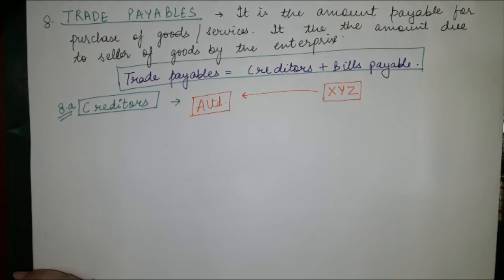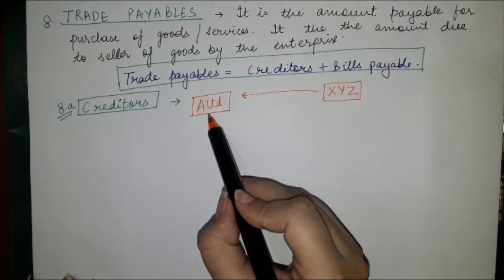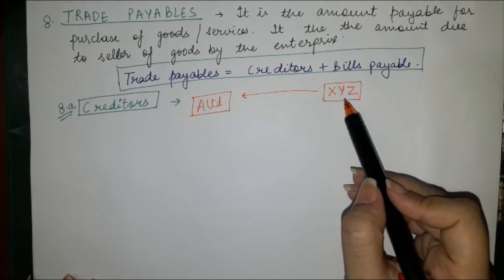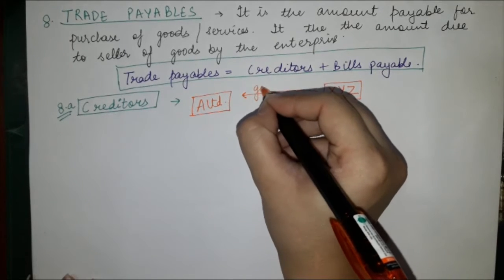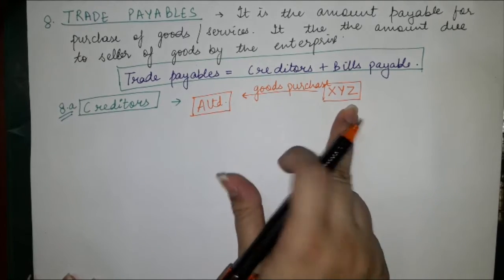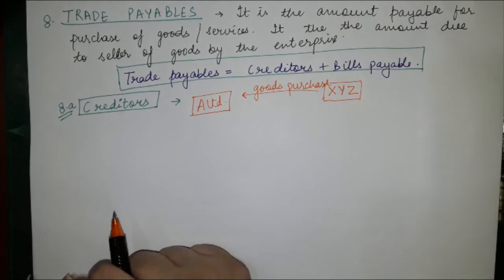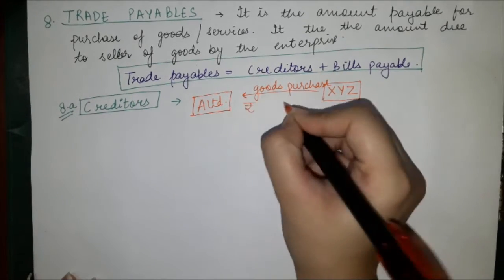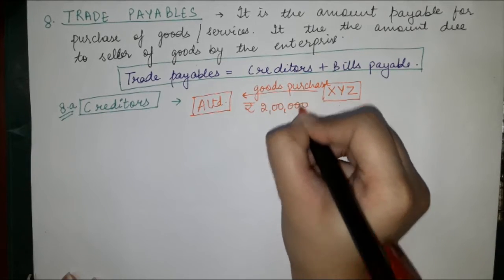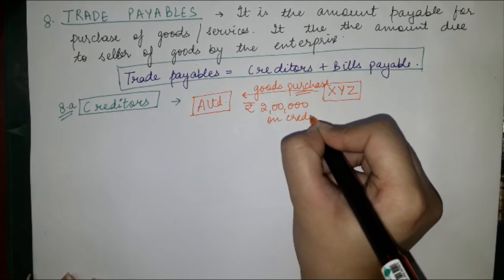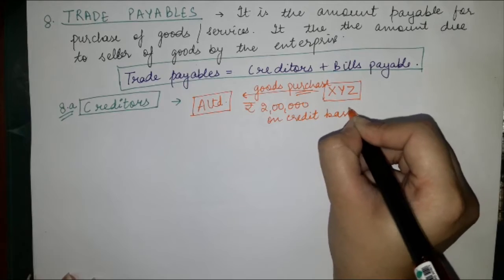Again, let's take an example over here students. This is our business under the name A Limited, and let's take this is XYZ, another company, right? Now we are going to purchase the goods from them. Okay, we are going to purchase the goods from XYZ Limited. Last time we were selling the goods, this time we are purchasing the goods, say rupees 2 lakhs, and all these purchases are on credit basis. उधार पे हमने सामान खरीदा है.